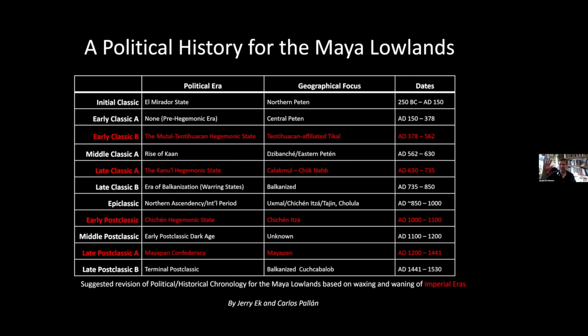But really, in terms of a late classic and early classic, it's more useful to think of early, middle, and late. Early classic being the era of Teotihuacan dominance. The middle classic being associated with the dominance of Calakmul, and then the late or terminal being the aftermath of the breakdown of that dynamic. And then later on, we have Chichen Itza, the Mayapan Confederacy, these other things coming up in later eras.